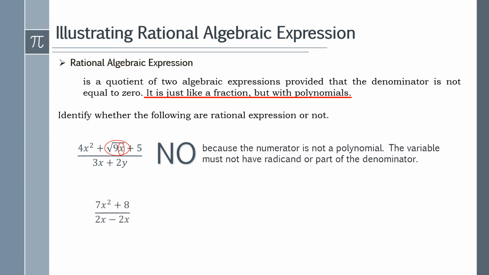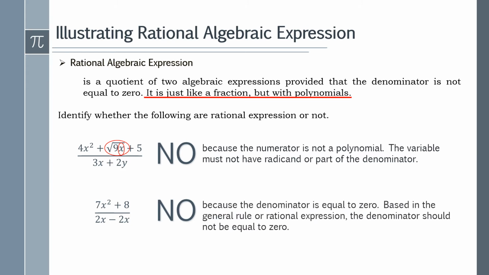Another example, this one. Is this a rational expression or not? Again, this is no. Bakit na naman, sir? Bakit hindi na naman rational expression yan? Again, let's emphasize, because the denominator is equal to 0. Diba? Based in the general rule of rational expression, the denominator should not be equal to 0. Remember this one, class?